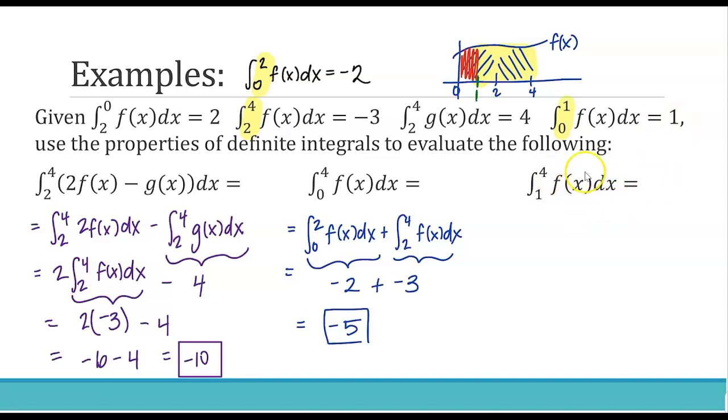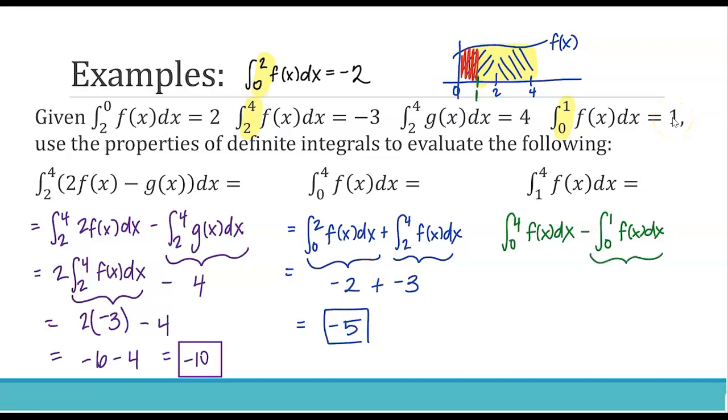So in other words, we can rewrite this definite integral as the integral from 0 to 4 of f of x dx. So what's that doing? It's finding everything, right? Which we did in the second example here. We found all this area, but then I want to take away the area from 0 to 1 of f of x dx, which again, we happen to have was 1.